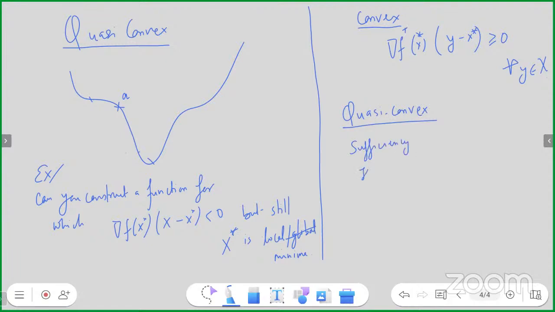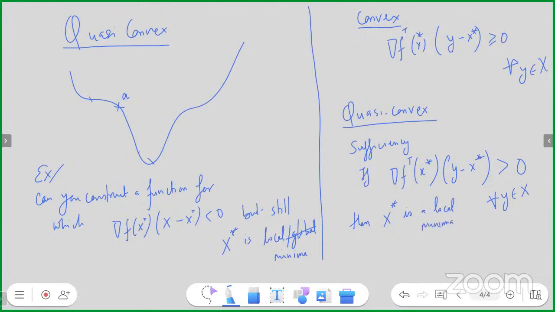That is, if del f transpose at x star, times y minus x star, is strictly greater than 0 for all y in X, which is also important, then x star is a global minimum. Actually, you can say optimal.